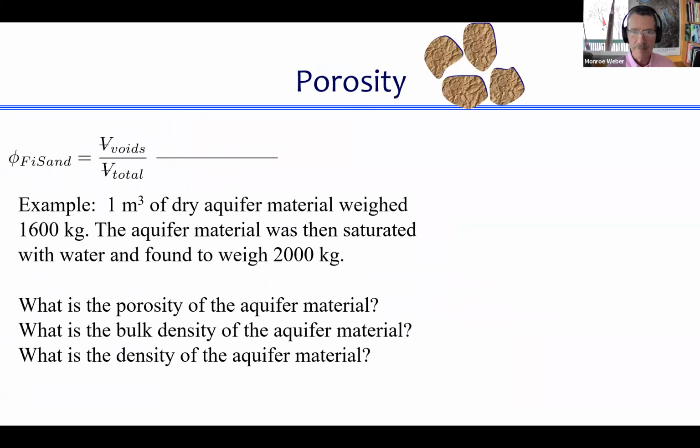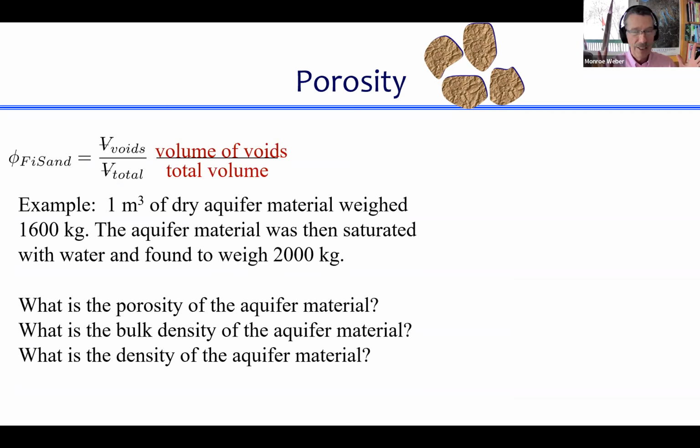The first, porosity. So porosity is pretty simple. It's the volume of the voids that are created by the sand grains divided by the total volume. So volume of voids over total volume. And so as a little example, if you've got a cubic meter of dry sand, dry aquifer material, and you weigh that, and it ends up weighing 1,600 kilograms.